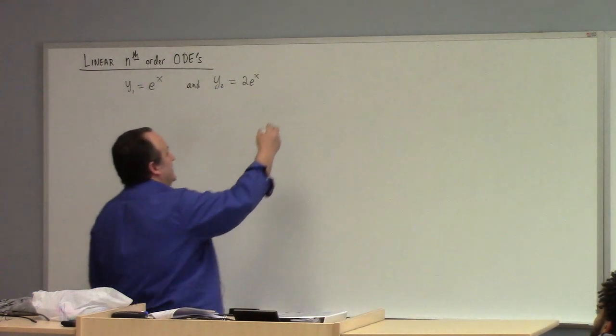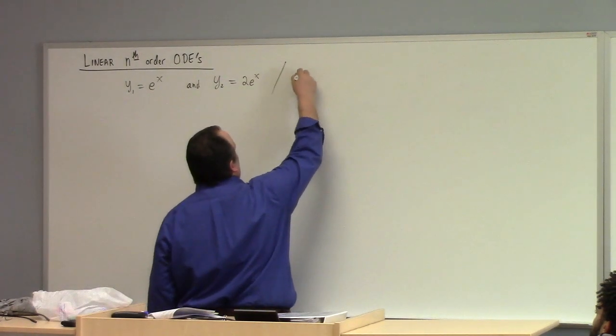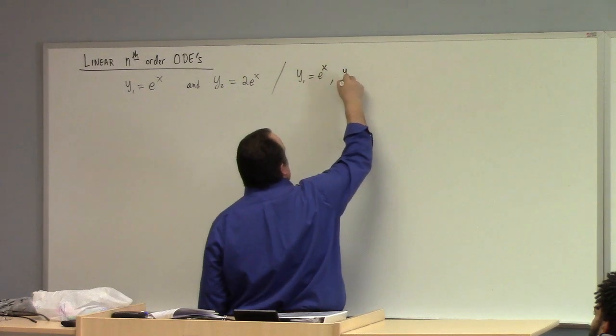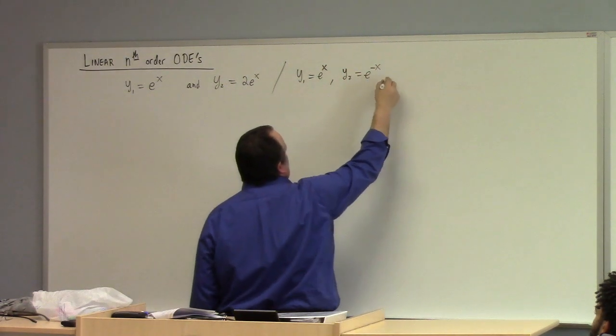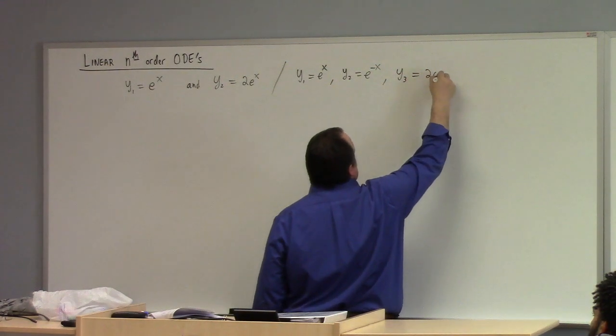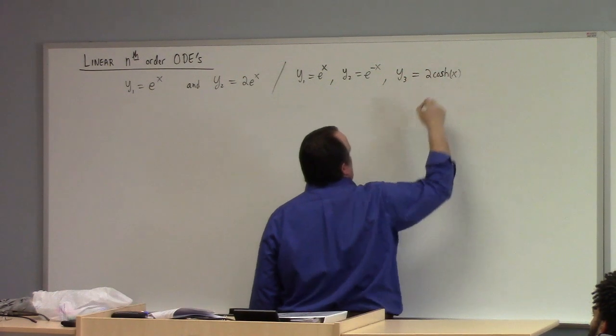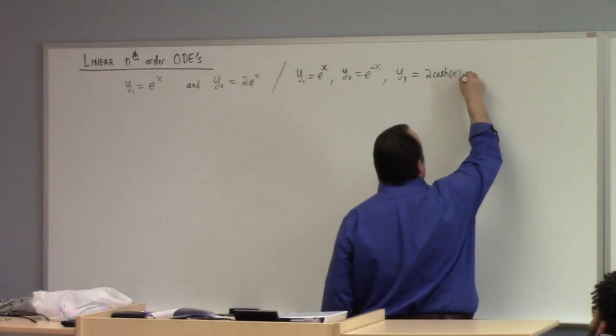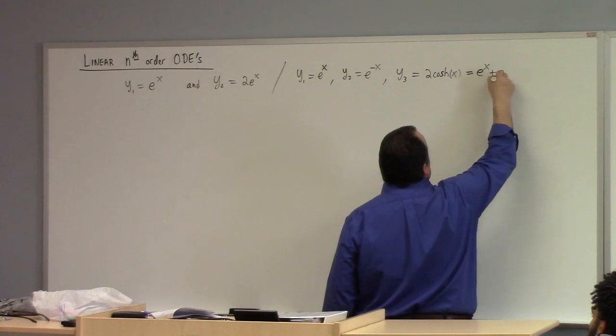Or if I had another example, if I had like y1 is e to the x, y2 is e to the minus x, and then my y3 was like, I don't know, 2 cosh x or something, right? Well, 2 times cosh of x is what? It's e to the x plus e to the minus x, right?